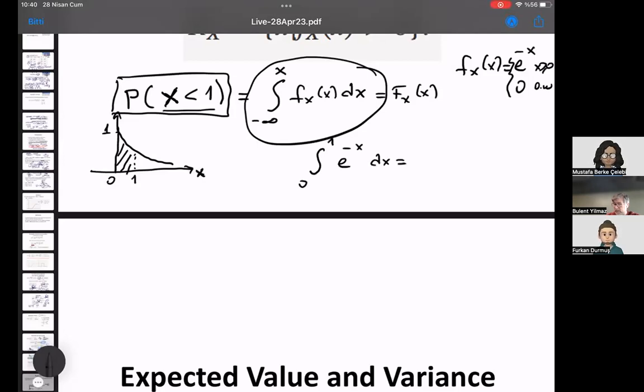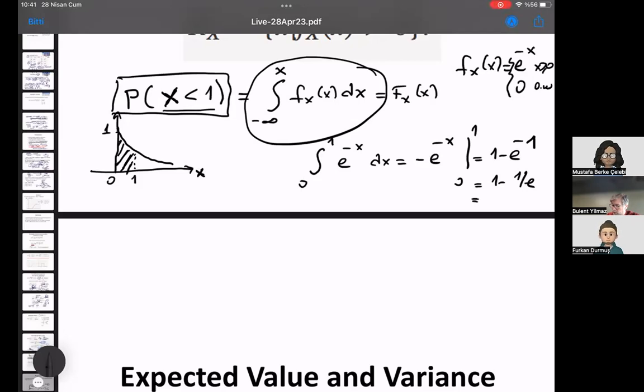Because I'm interested in this area, I can write minus e to the power minus x from 0 to 1. It's going to be 1 minus e to the power minus 1, which is 1 minus 1 over e. Okay? Arkadaşlar, is this clear?